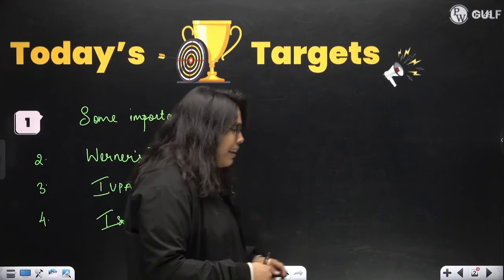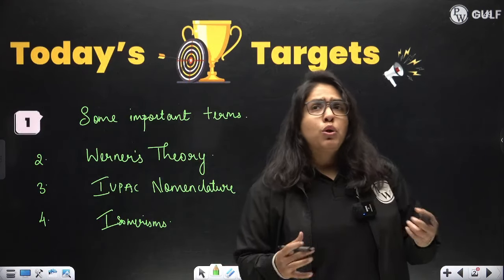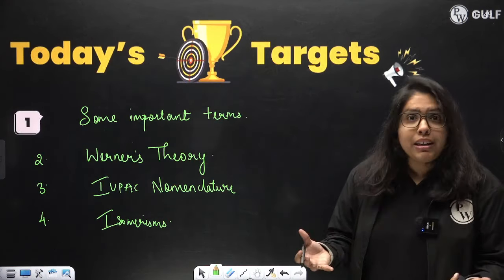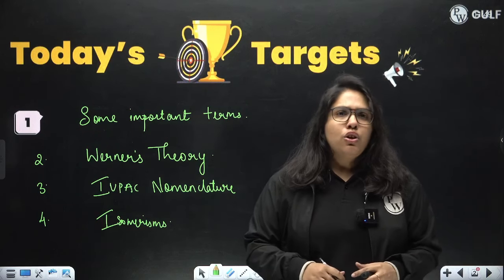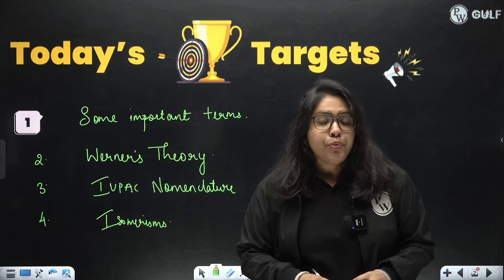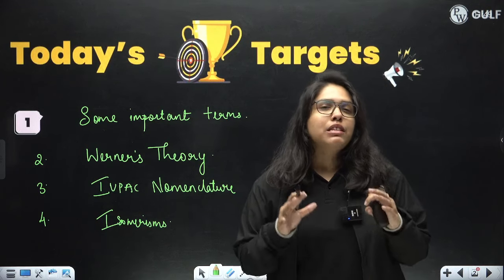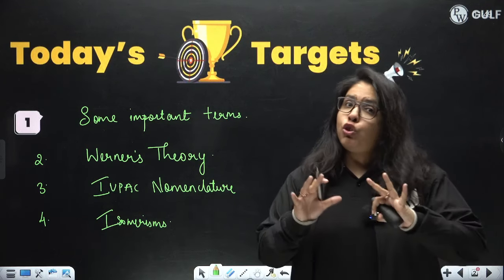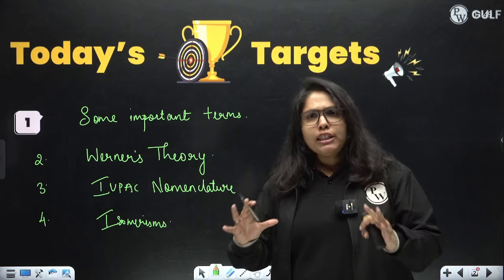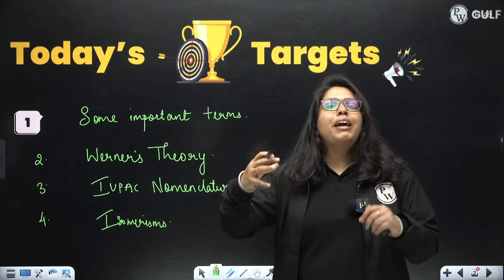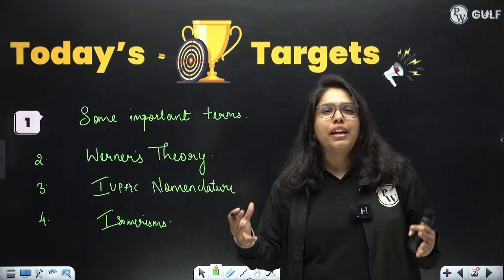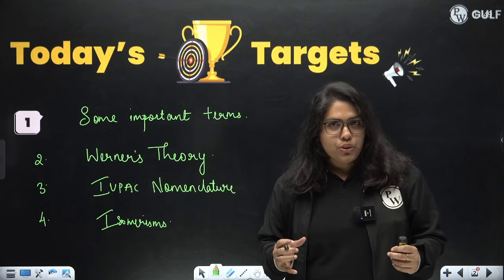Now you will be wondering, ma'am, but we have also learnt about VBT, which is valence bond theory. We have also learnt about CFT. So what about that? Well, I have divided this particular chapter into two parts. The first part is where we try to understand certain terms to be able to have a better understanding of coordination compounds.